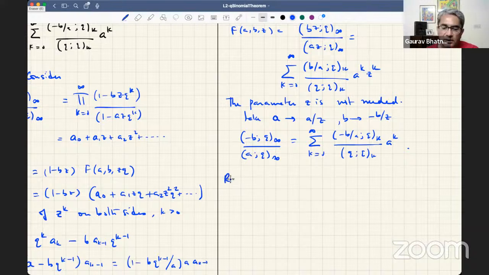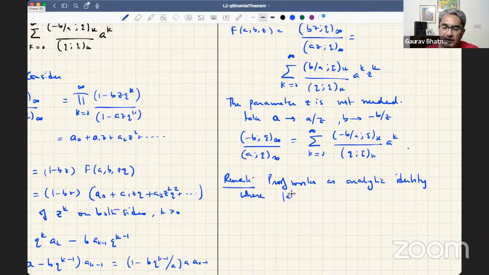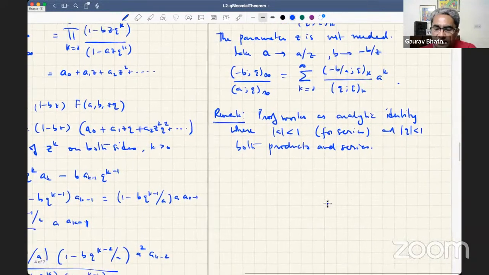The remark is that the proof works as an analytic identity, where we need absolute value of a less than 1 for the series to converge, and q less than 1 for both the products and the series.